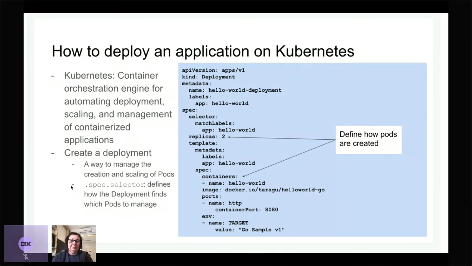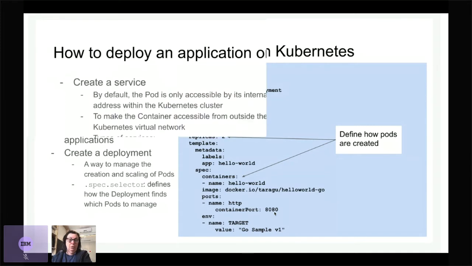Here you can see that we tell Kubernetes, look, we want to use an image called hello world, and we want it to run with two copies, two replicas. And we need to declare which port it will listen to, etc. And then after we define this deployment, we also need to define the service.